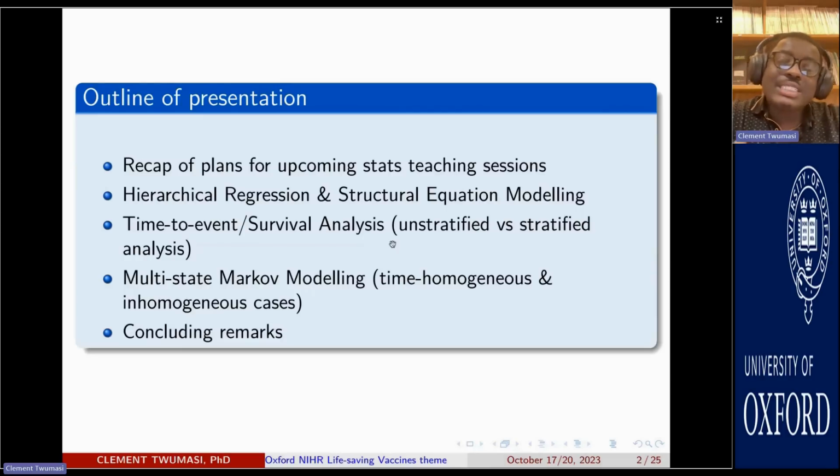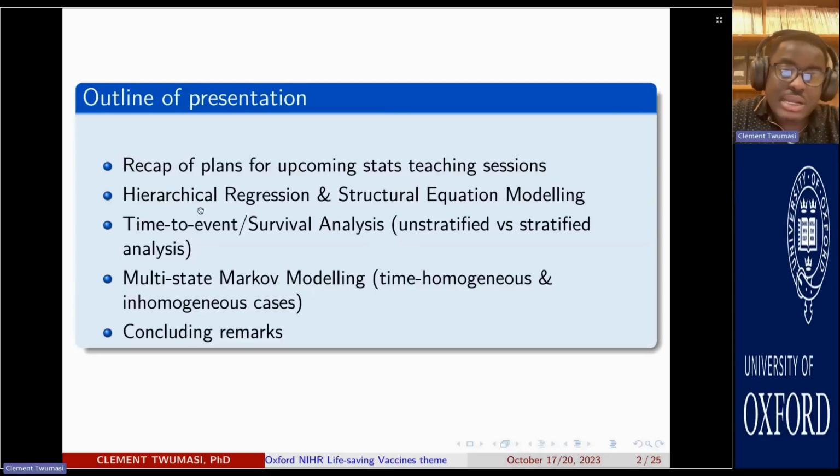However, if you look at the nature of the data that are collected, these kinds of models suit those studies in the best possible way. So today we are just going to learn about the awareness of such models, and I'll try as much as possible to be less technical, and there'll be quite a couple of examples so we can appreciate these methods.